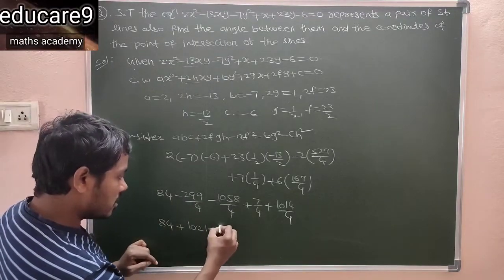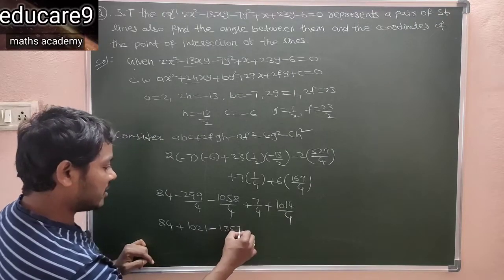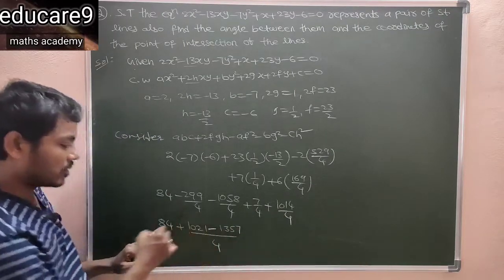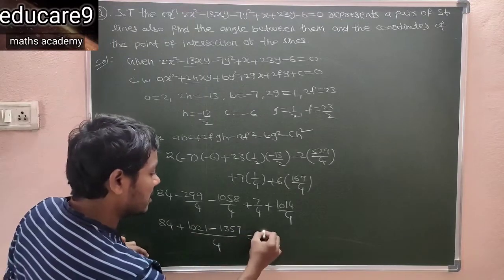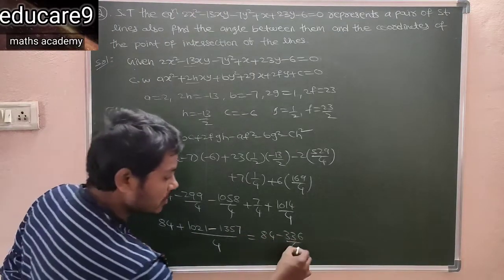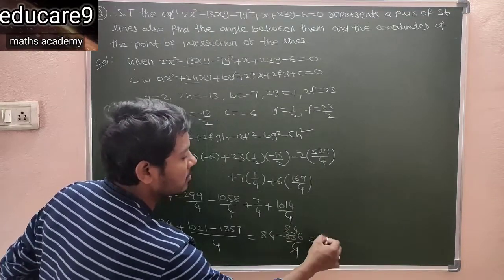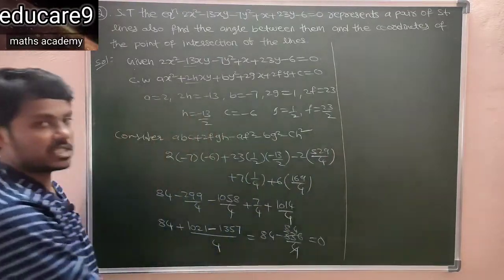This is 1357. So divide by 4. So clearly this is 84 minus 336 by 4. So 4 1s are 4, 8 4s are 32, 4 4s are 16. This is G. Okay, so first condition is G.